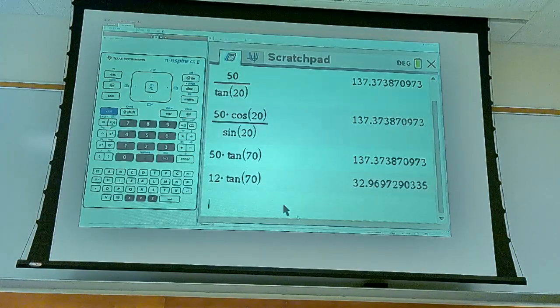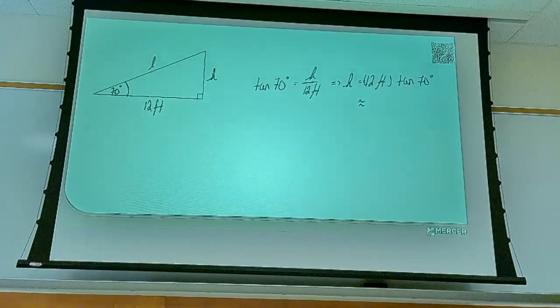Yep, 30 feet. I'll write out that it is indeed only one sig fig. Now, the length of the ladder.